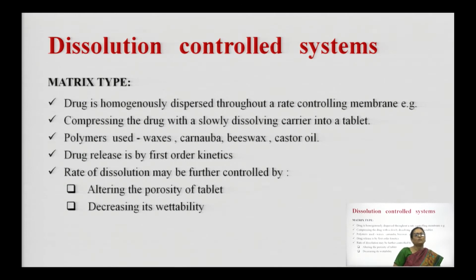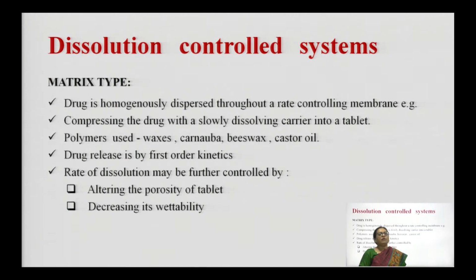So, because of this water repellent matrix, the dissolution rate of the drug is slowed down. The drug release from such systems occurs by first order kinetics, and the rate of dissolution may be further controlled by altering the porosity of the system or by decreasing its wettability.